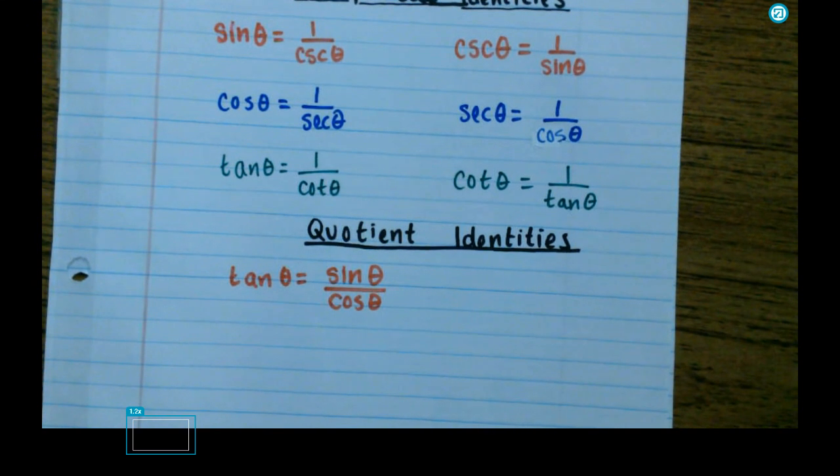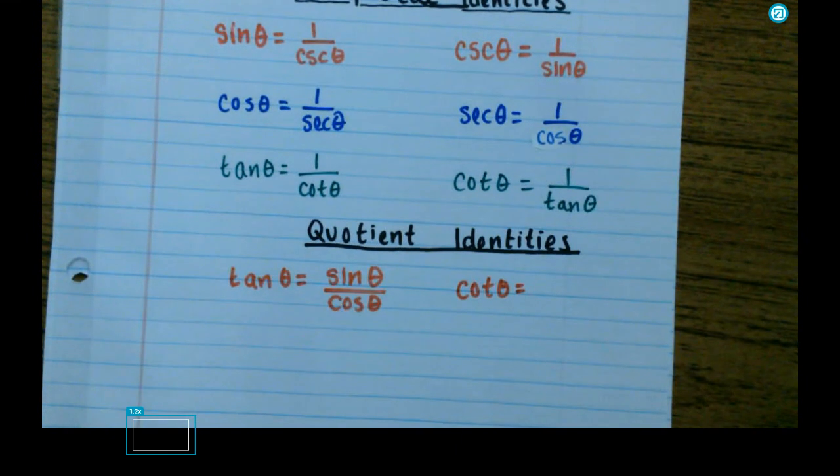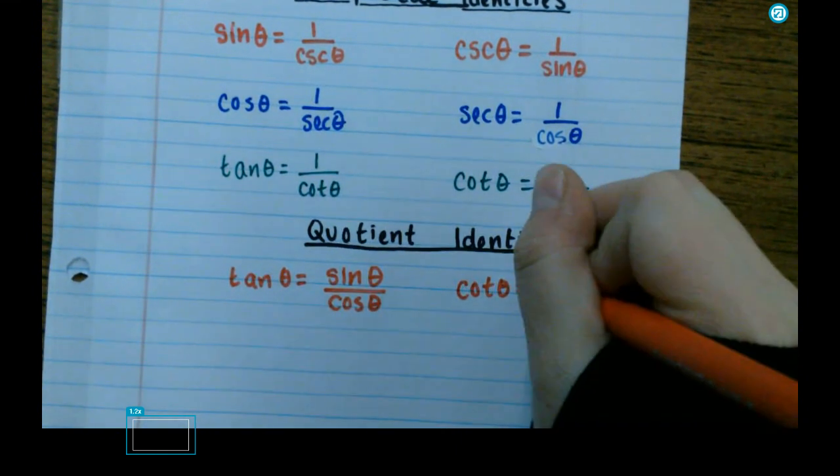Then we know that cotangent is the reciprocal of tangent. So cotangent of theta is equal to cosine of theta over sine of theta. So we can just flip them.